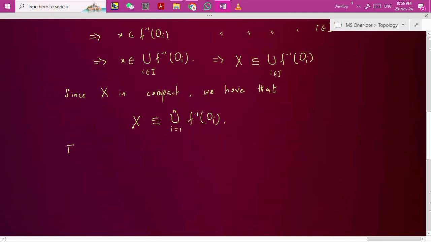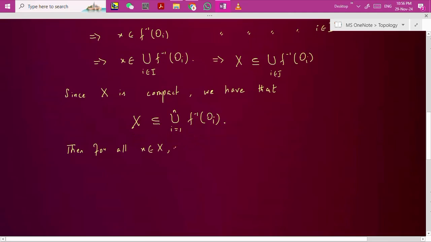Then for all x belongs to X, what will happen? Since X is a subset of this union, it means that every element of X is in this union.